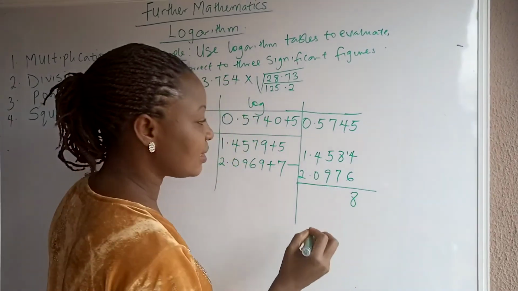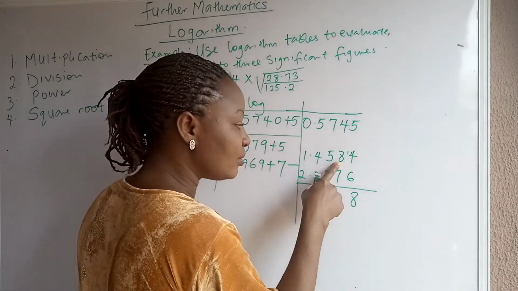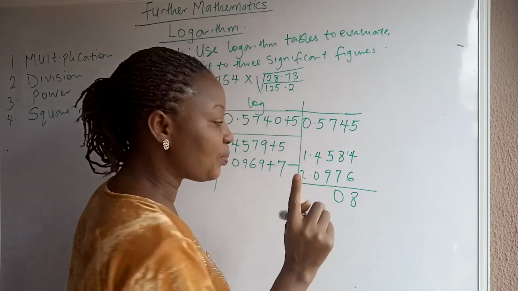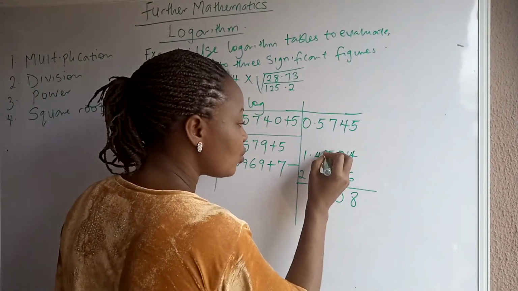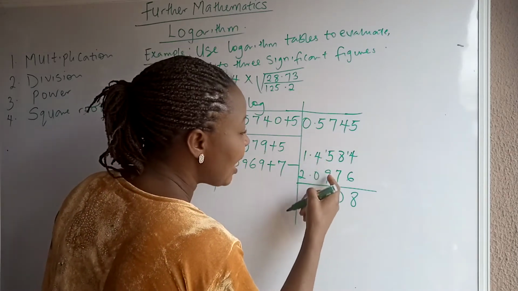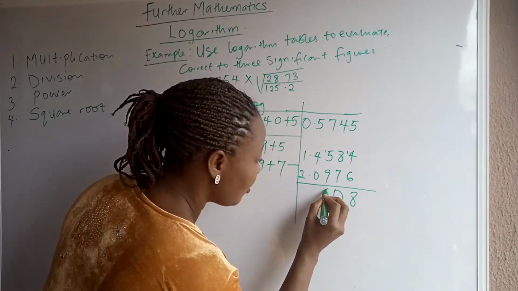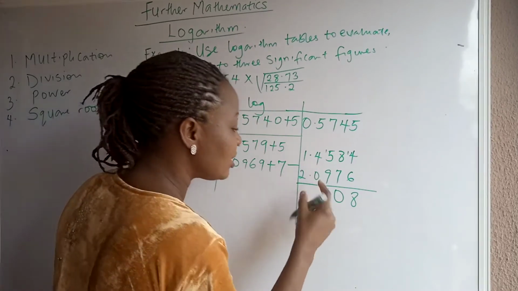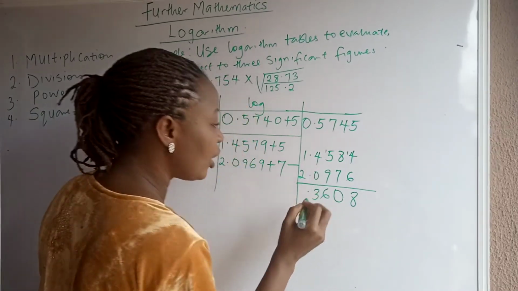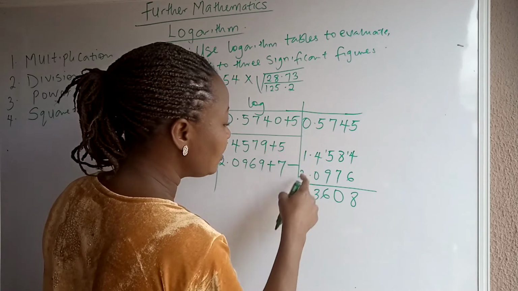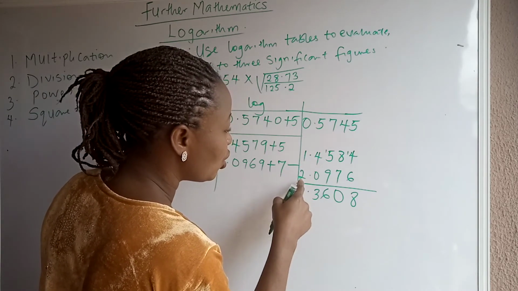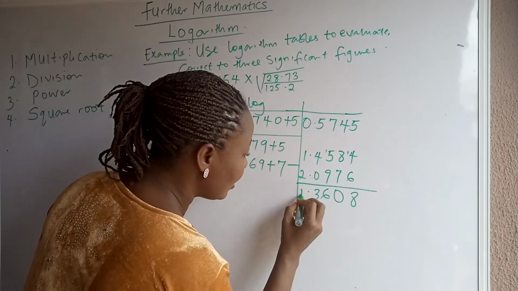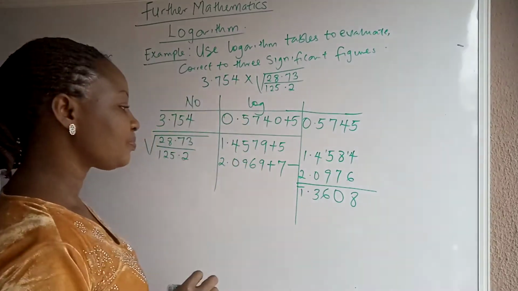I'll write 8. This one is already 7. 7 minus 7 is 0. Then 5 minus 9 is impossible. I'm going to borrow 1 to make it 15. 15 minus 9 is 6. I'm going to write 6. This one is left with 3 already. 3 minus 0 is 3. Then point. Then 1 minus 2 will be by 1 minus 1.